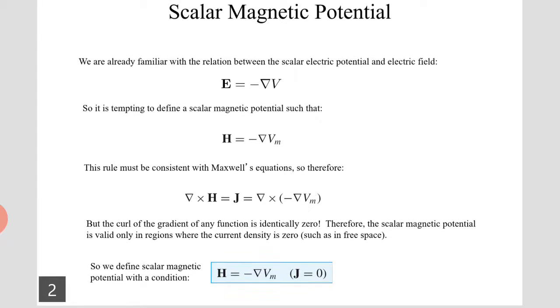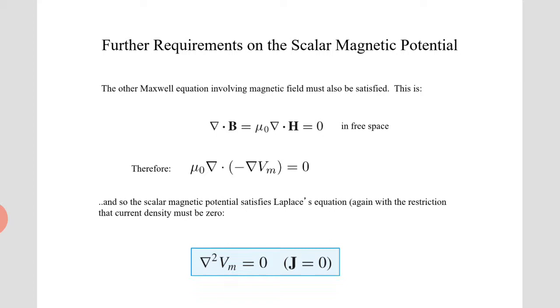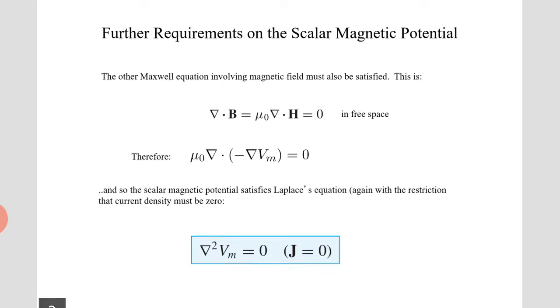Here we have discussed the definition of scalar magnetic potential, and it must be consistent with the Maxwell equation. Under the condition that the current density is 0, we can define the scalar magnetic potential.